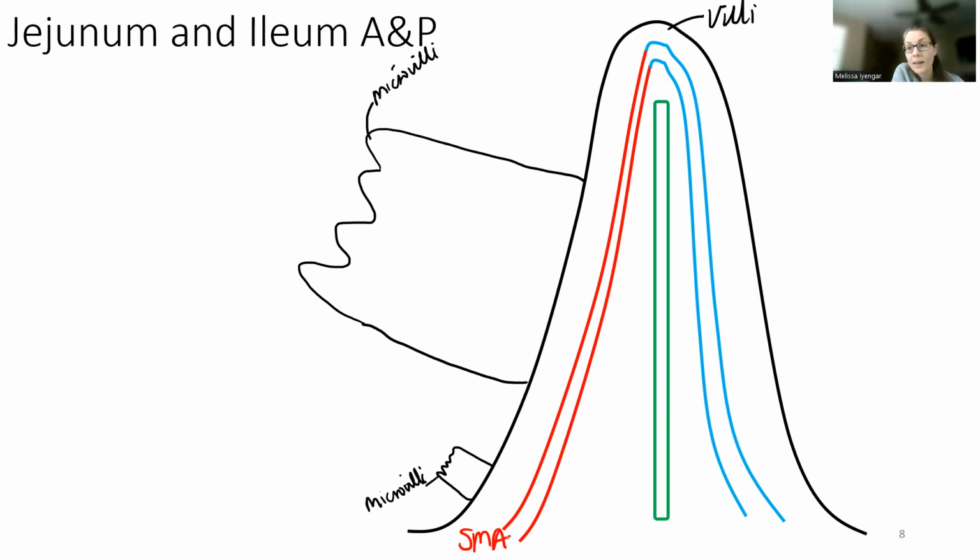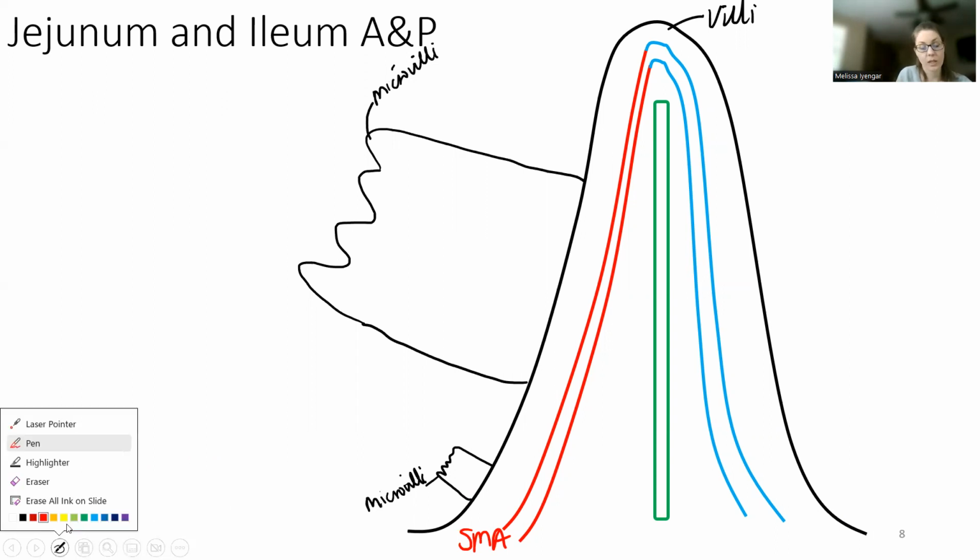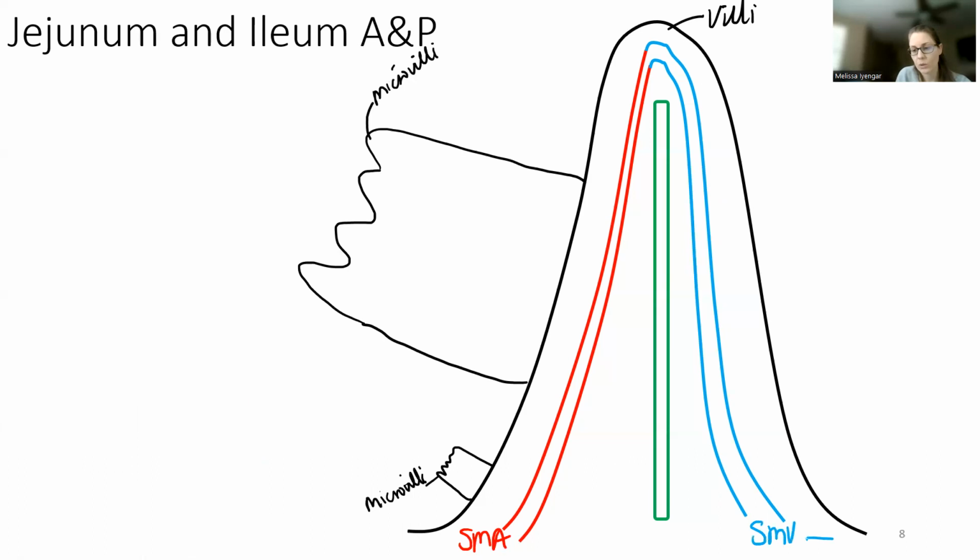If you don't know why, you should figure out why. And then we see that arteries and veins actually are connected together through a capillary system. But I'm just going to draw my vein here, my superior mesenteric vein, which is going to go to my hepatic portal vein, like that. Again, if you don't know why this is the superior mesenteric vein, you should probably figure out why.